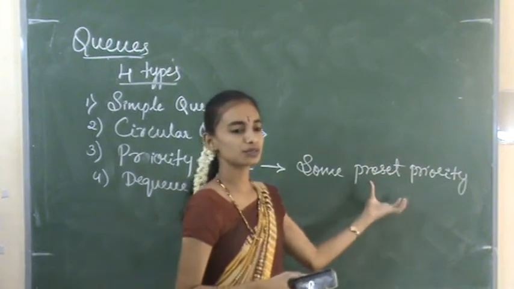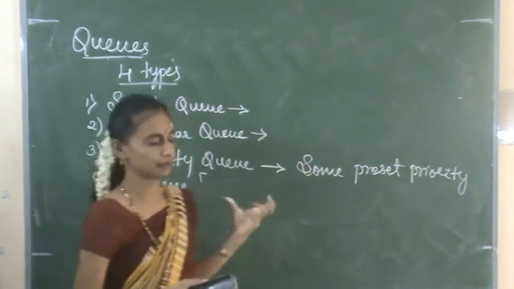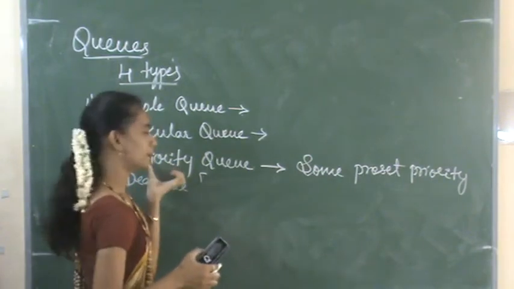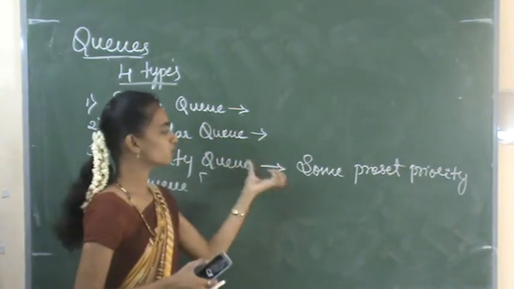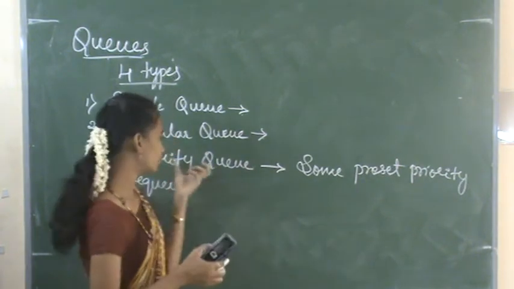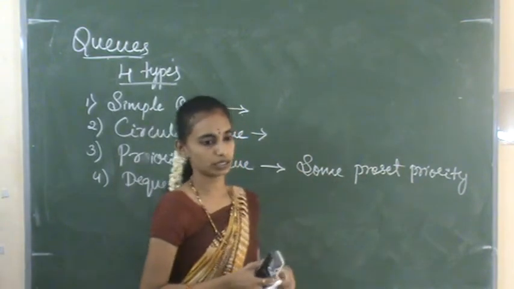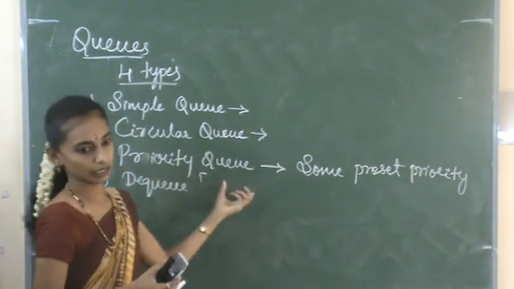Preset priority means priority that is already given for those elements. So a priority queue is one in which inserting or removing an item from the queue is based on some preset priority.